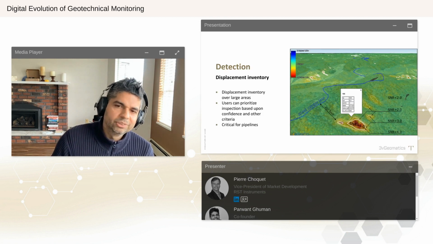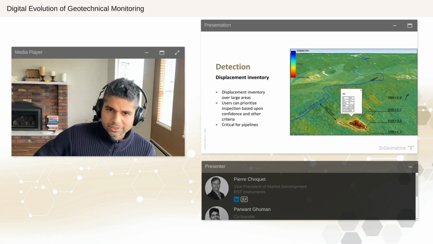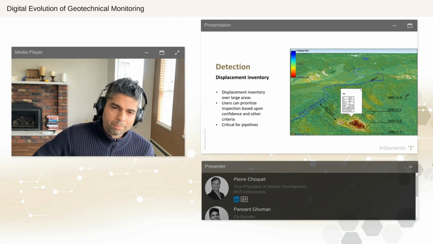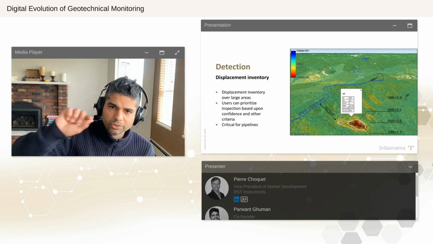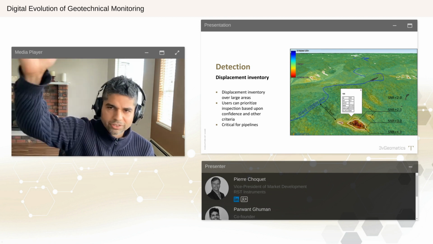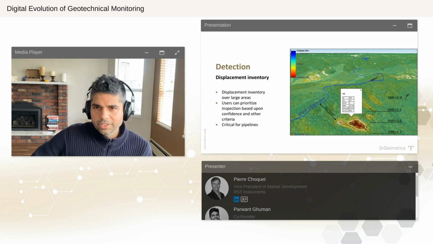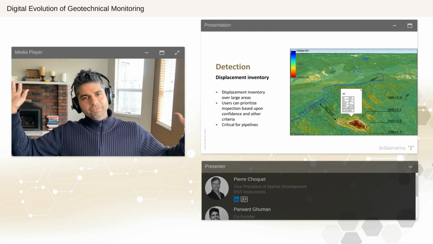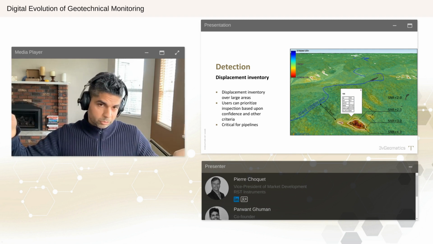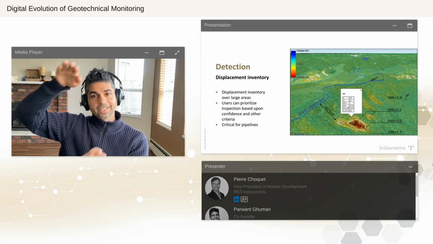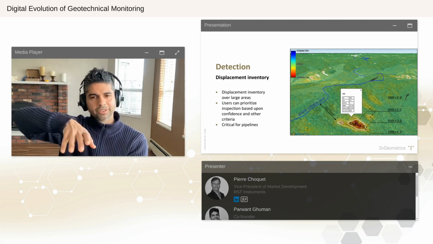Now extrapolate this to tens of thousands of square kilometers as shown in the image here, and you really see the impact. So here we have a pipeline shown, the right of way is shown in blue, that's traveling over thousands of kilometers of vegetated terrain. And then using InSAR, we can get nearly complete coverage over this area. We can identify hundreds of hotspots of displacement, and we can provide an inventory, like a database of all these hotspots.